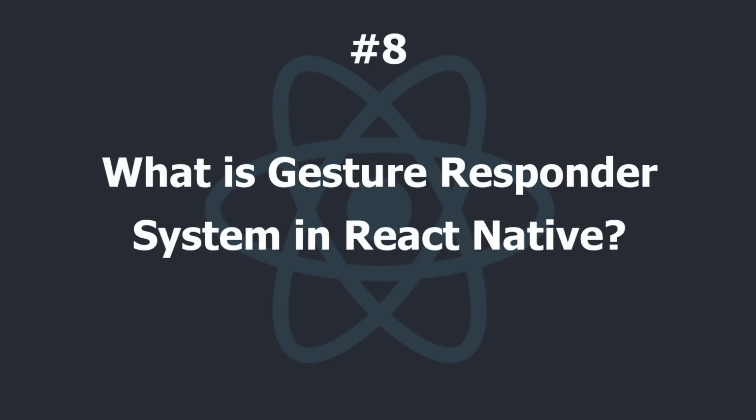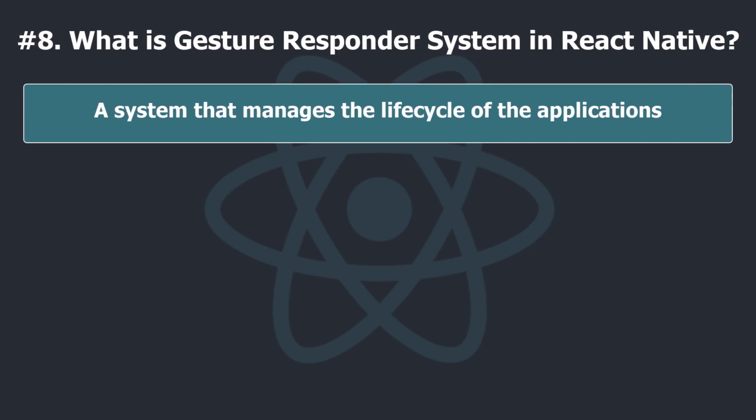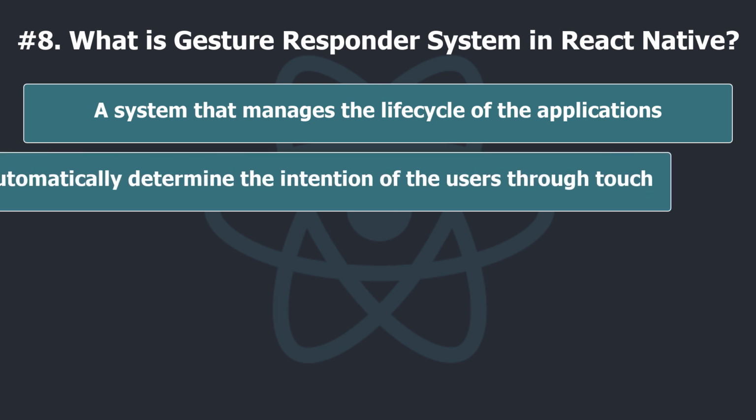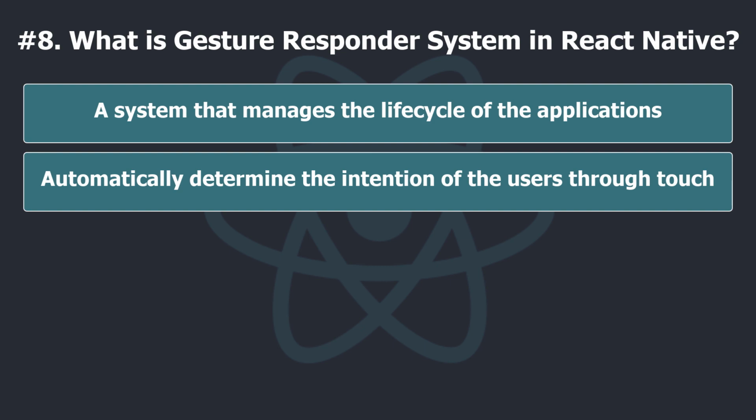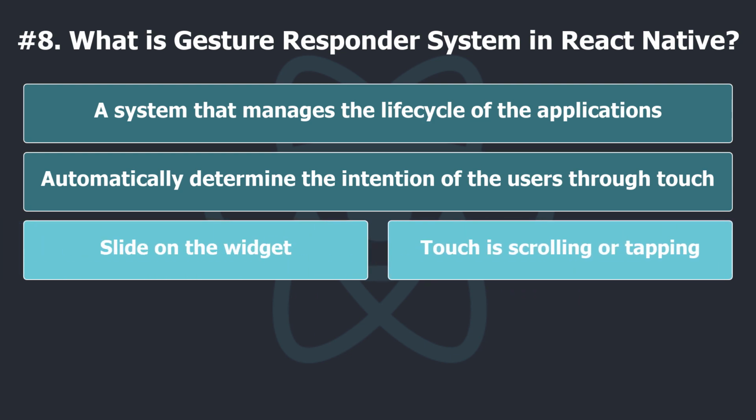What is the gesture responder system in React Native? The gesture responder system is a system that manages the lifecycle of gestures in applications which are built in the React Native framework. The applications automatically determine the intention of the users through touch. For example, the application determines a slide on the widget, touch scrolling, or tapping.